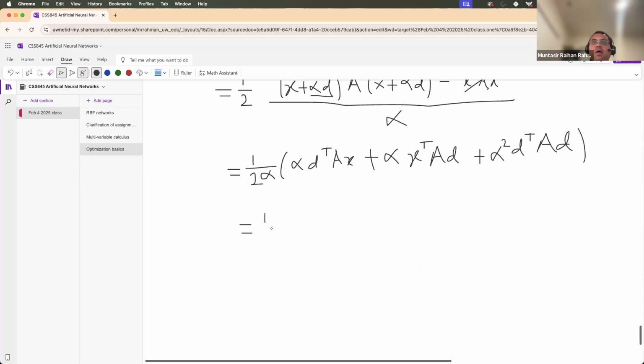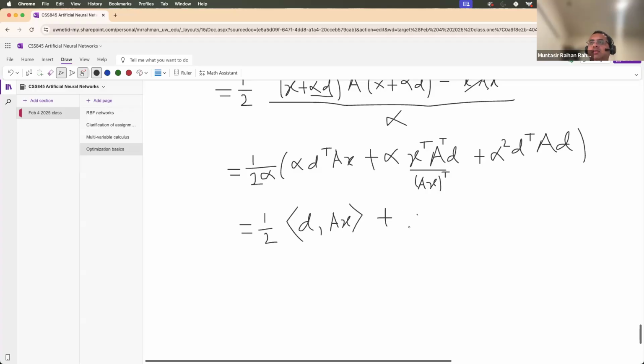Okay, now let's see what we get. I have 1 over 2. The alpha and alpha cancel, the alpha and alpha cancel, and the alpha and alpha squared cancel to get alpha. So the first term here is d inner product with A x. What about the next term? Here A is symmetric, so I can put a transpose here, and then I can write this as A x transpose times d.